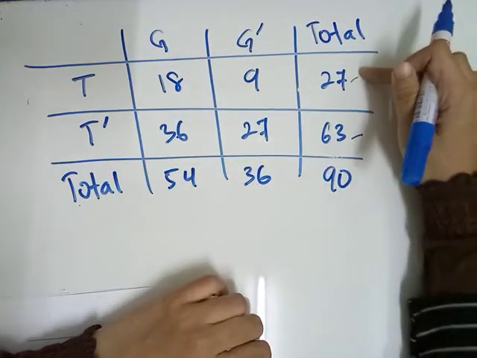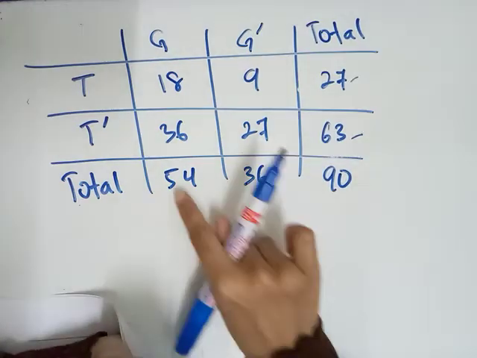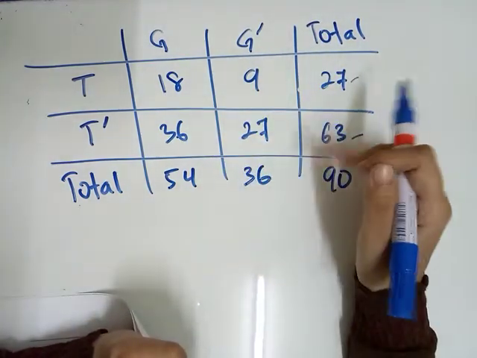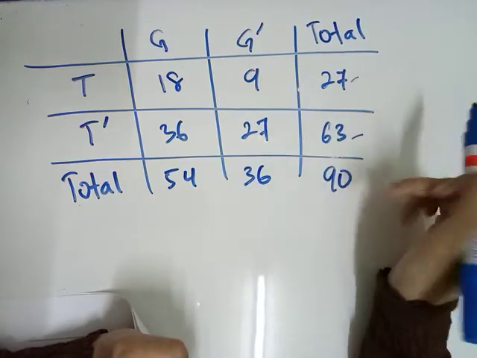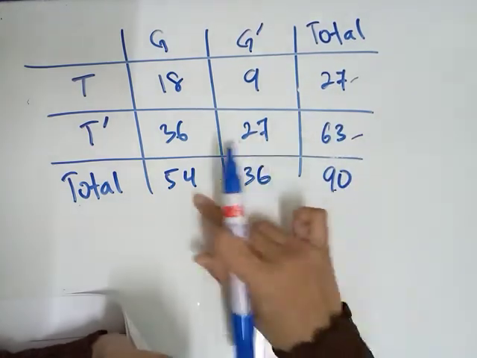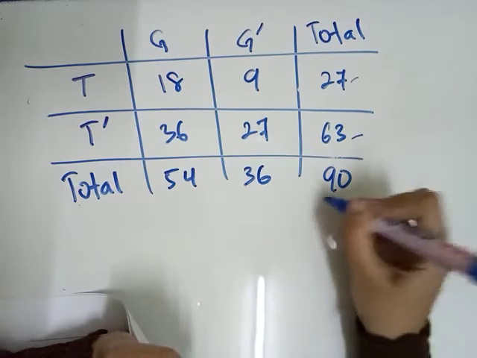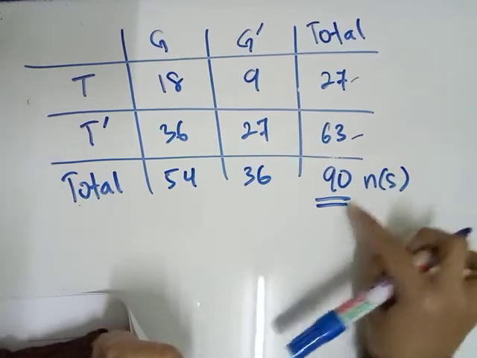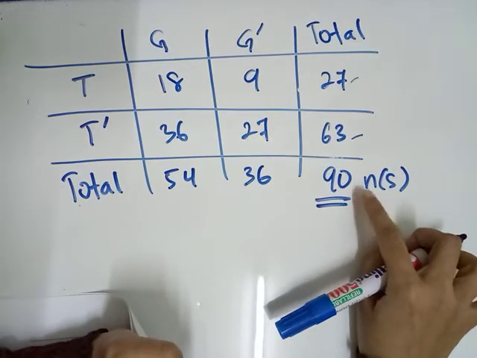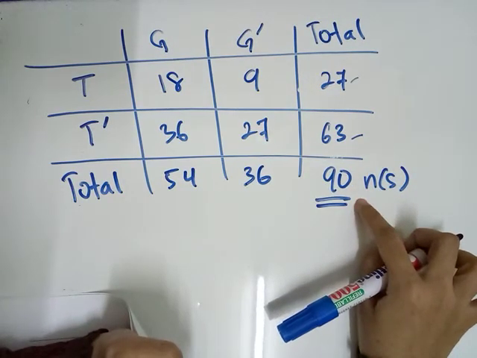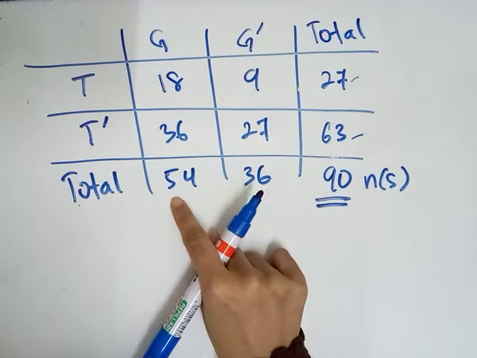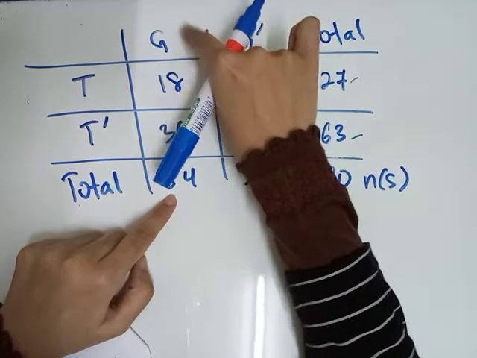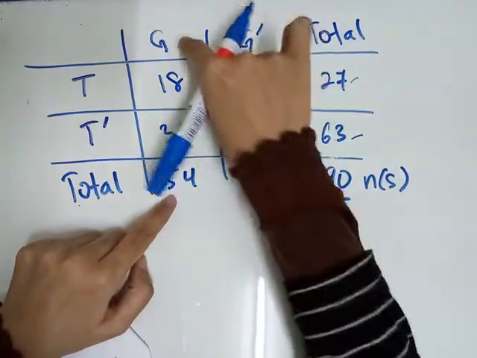Pastikan apa yang awak tambah kat sini dapat 90, sama dengan apa yang awak tambah kat sini dapat 90 juga. Kalau dapat yang lain, that means awak ada wrong calculation. So 90 ni is the number of elements in sample space. This is NS. So 54 ni apa? 54 ni the number of elements for college graduate.